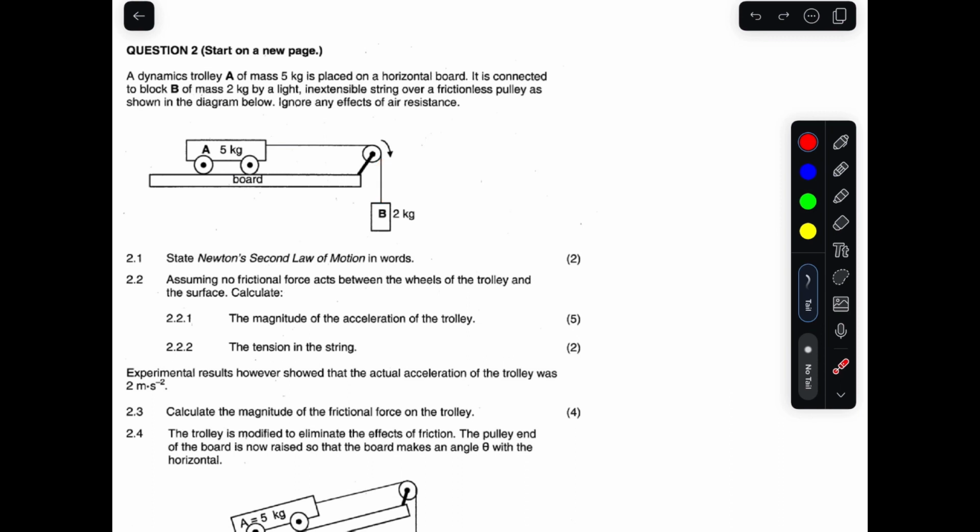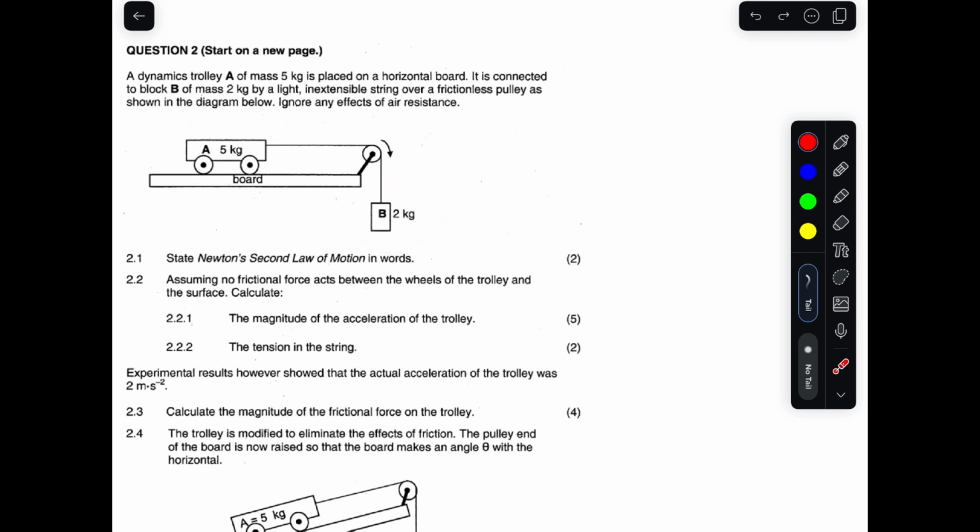Also, if this system accelerates, let's say we're told it accelerates in this direction, then the acceleration of the 5 kg is equivalent to the acceleration of the 2 kg.